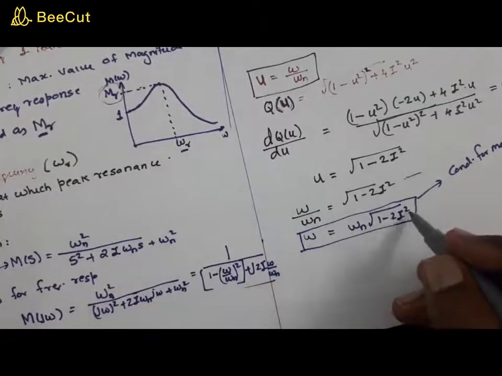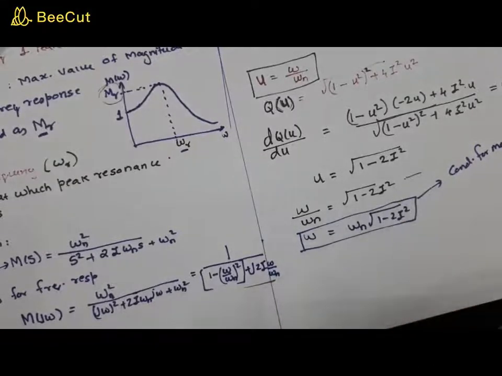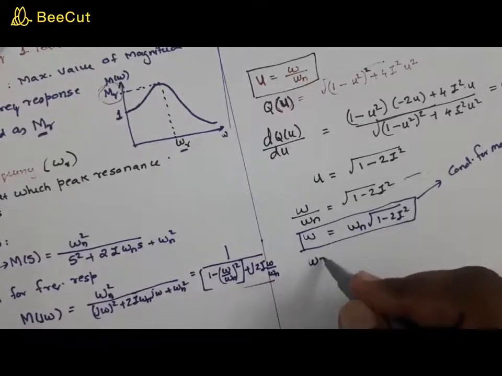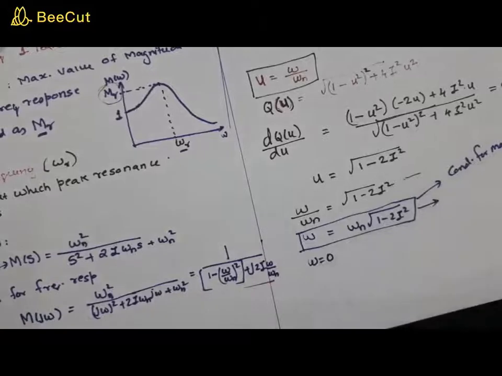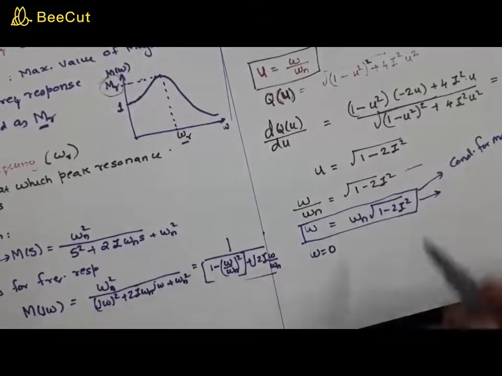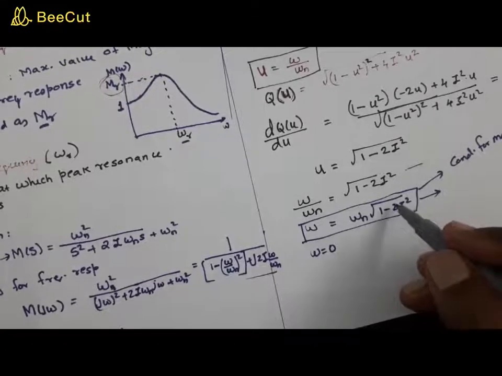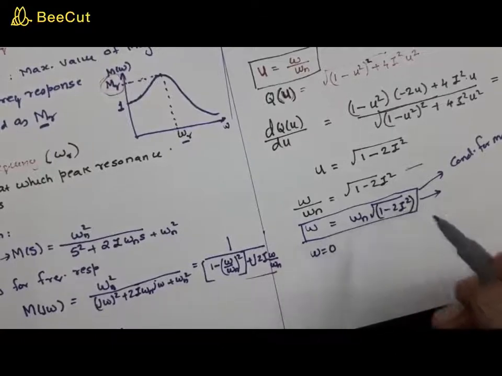So 1 minus 2 zeta square has to be positive. It cannot be imaginary as well. Now let us see at what point this omega becomes equal to 0. This has to be valid only for a certain value, right? As zeta increases, this particular value decreases, and a stage will come where this quantity becomes a negative value.